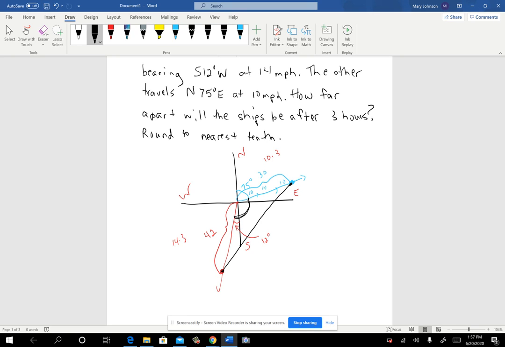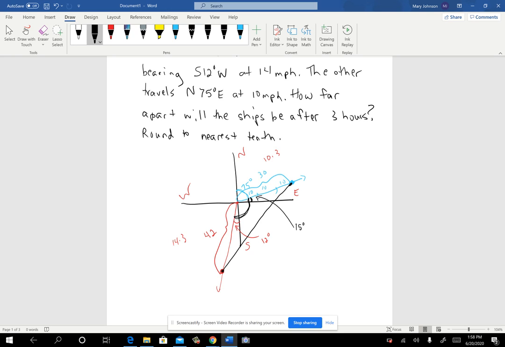So to do that, we're going to make use of the fact we know this one's 75. So that means this little guy right here would be just 15 degrees, because the 75 and that 15 would have to make that 90-degree angle.